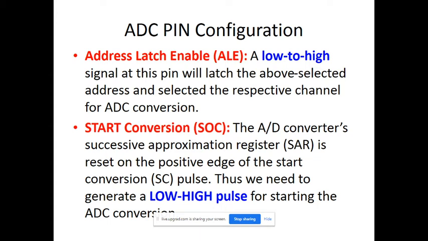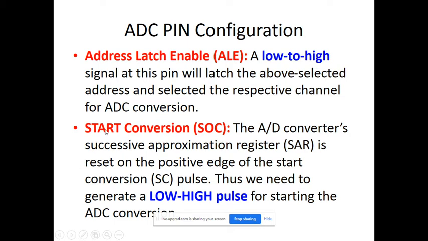Now once your particular channel is connected for ADC conversion, the controller will send the next signal, that is the start signal, the start bit. And for that it applies a low to high pulse.